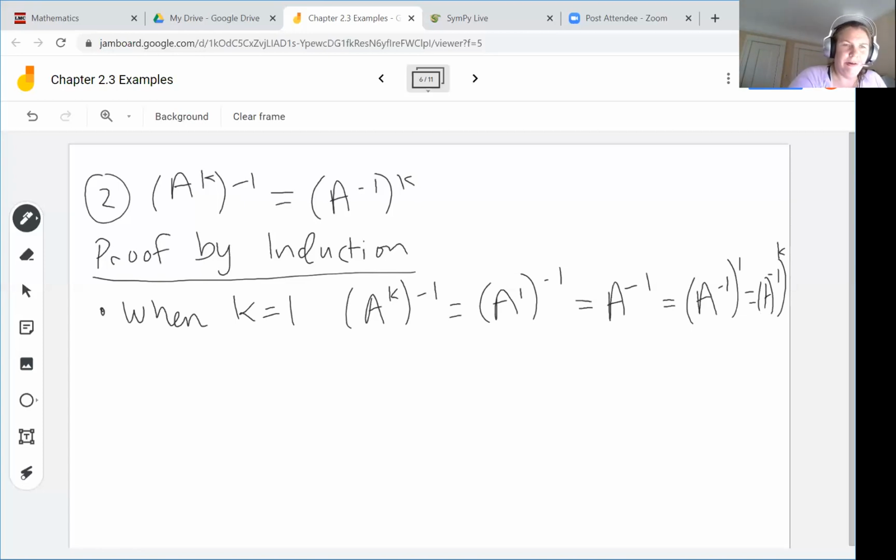All right, so now we are going to think about if it's true in the kth case. So if A to the k inverse equals A inverse to the k, then we are going to investigate the k plus 1 case.